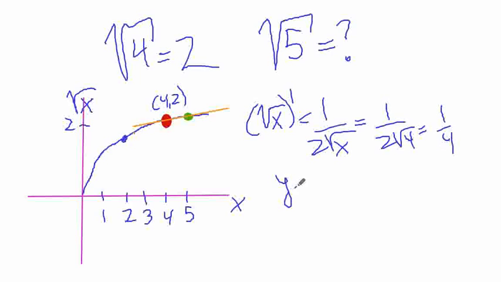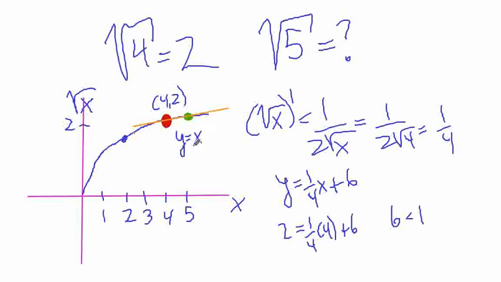So the tangent line is 1/4 x plus b. And if I plug in the point (4, 2), replacing x and y with those specific values, I get 2 equals 1/4 times 4 plus b. So b is equal to 1. So the tangent line apparently is y equals x over 4 plus 1.